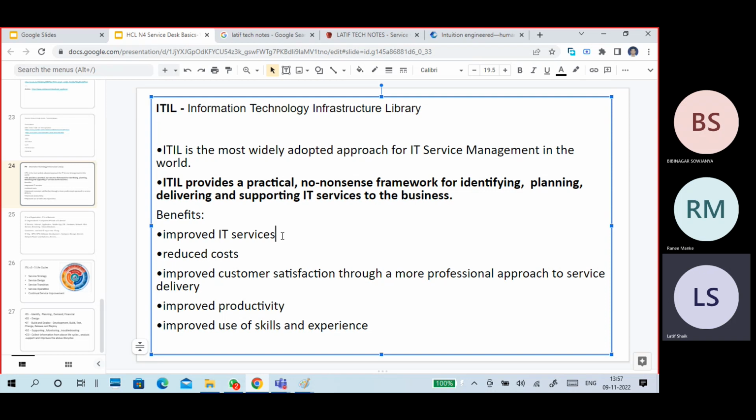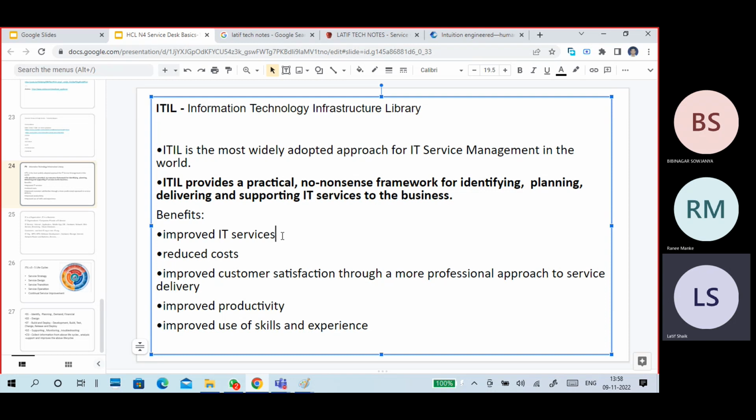No other package is available. You have to go for some unnecessary unlimited package, even if I don't use it. Otherwise they will disconnect it. So what can we do? It's a complex kind of concept, but still it is cost justified.